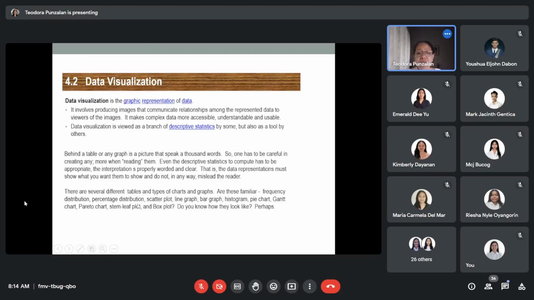You want to show a scatter plot first about your X and Y variables. Do that. You can. And then, wait for a while, Lobats. You want us to see a line graph, a bar graph, a histogram, a pie chart, a Gantt chart, Pareto chart, stem leaf plot, box plots, pwede. For as long as you know what each is.